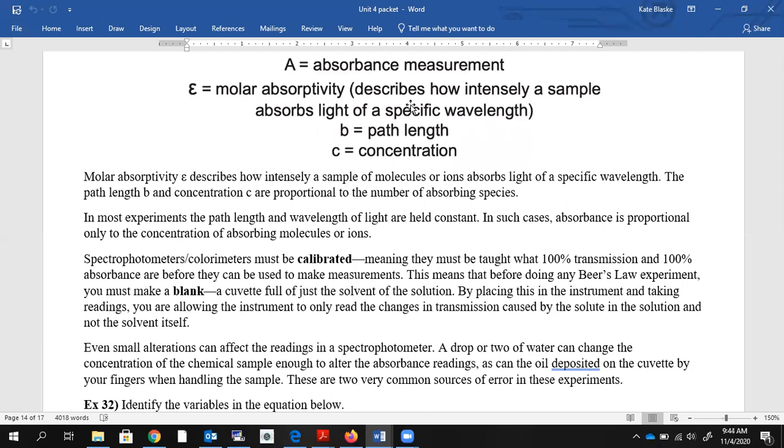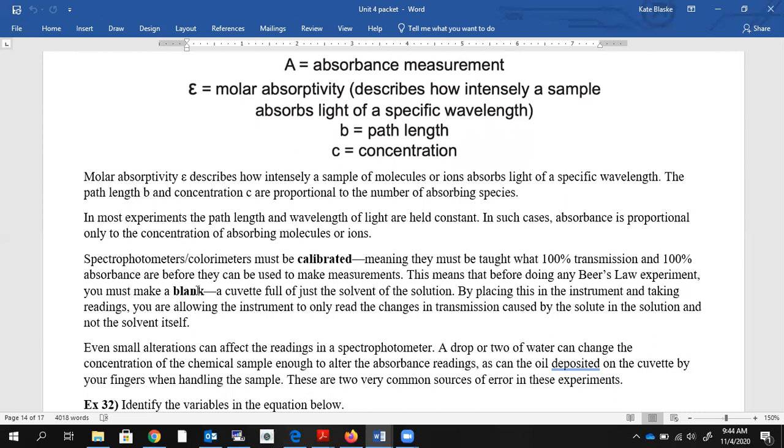Is it coming from the solvent for my solution? And so we have to make this thing called a blank. A blank is a cuvette full of just the solvent for our solution. So if we're dissolving things in water, we'd put a cuvette full of pure water in there.